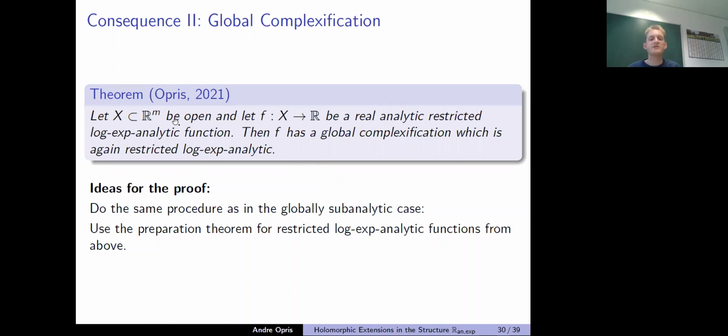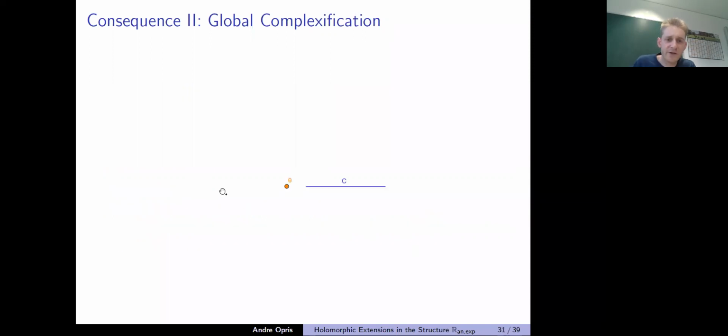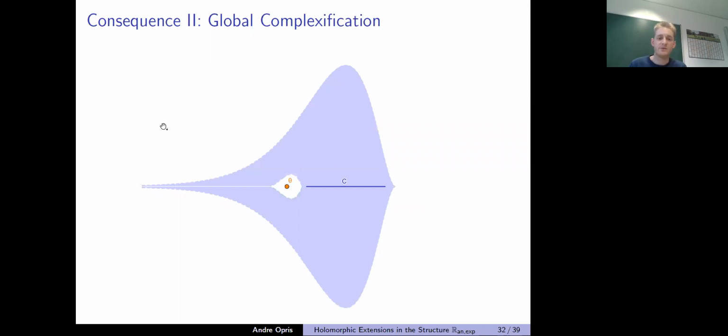So we use a preparation theorem for restricted log-exp analytic functions from above. Then, for example, we have the cell C, and here we have the case that the logarithmic scale depends only on one component, and then we compute the holomorphic extension.